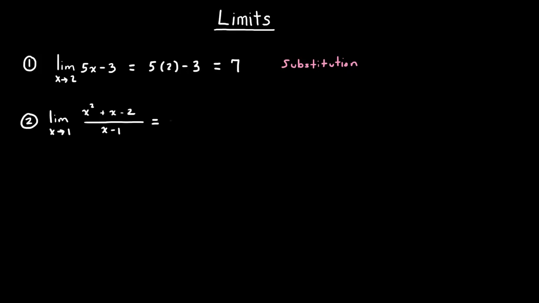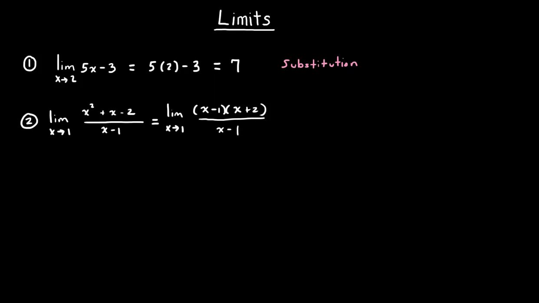So I think you know at this point what you need to do. We're first going to factor so that we can simplify. Okay, so I'm going to rewrite this. The limit as x approaches 1, the factorization, x minus 1 times the quantity x plus 2 all over the quantity x minus 1.